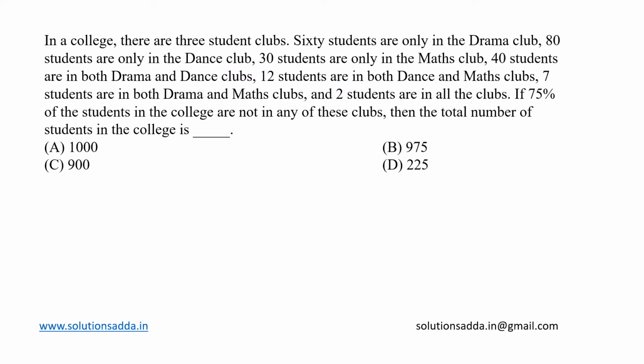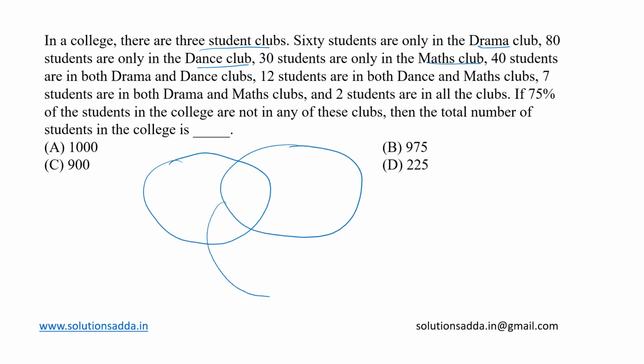This is a set theory question which we can solve by making the Venn diagrams. We have 3 student clubs which are drama club, dance club and the maths club. So we make the following Venn diagram with intersection of all the 3 clubs because students may belong to one or more of them. Let us call this one as dance club, drama club and the last one as maths club.